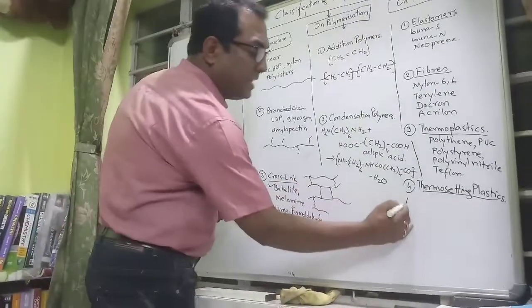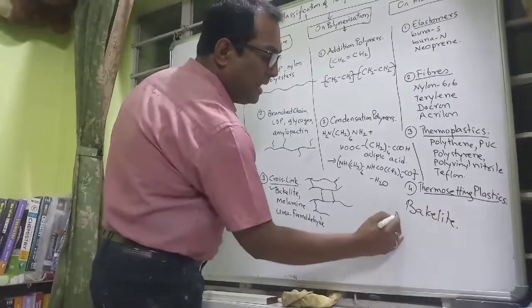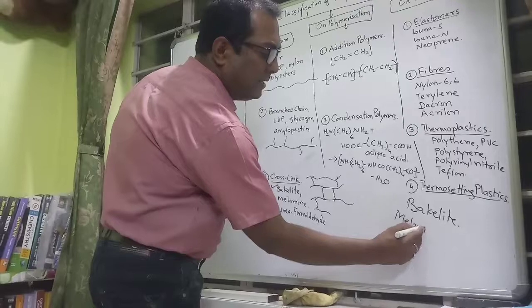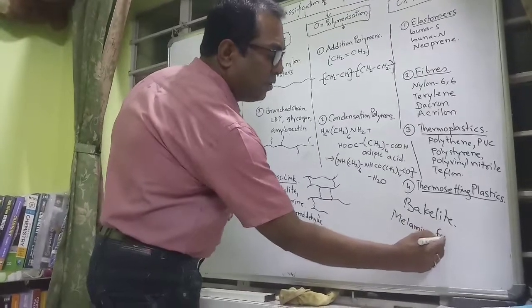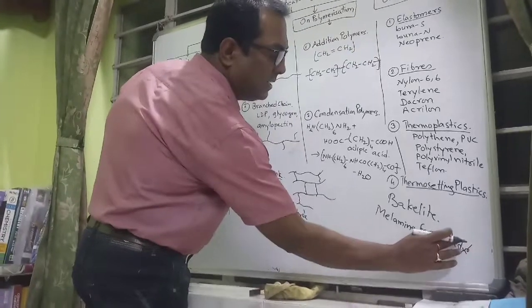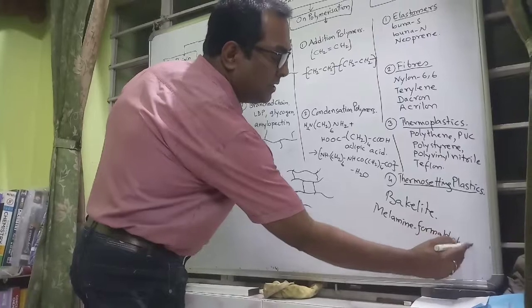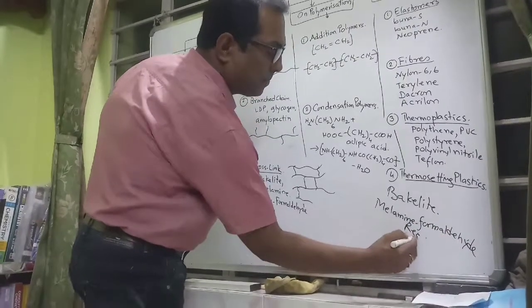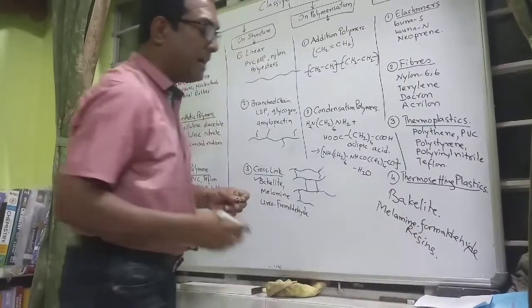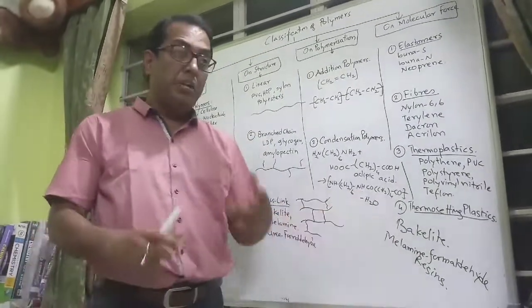You can use bakelite, melamine formaldehyde resins. These are the examples. Urea formaldehyde resins are also a very good example.